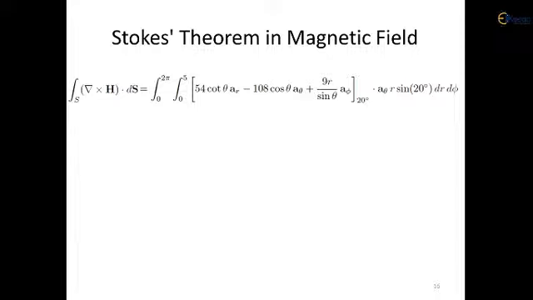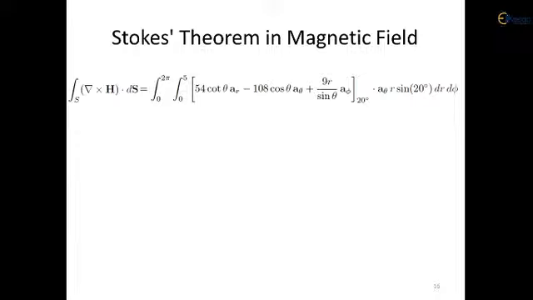We have 54 cot theta AR minus 108 cos theta A theta plus 9R by sin theta A phi here. Here the constant theta is equal to 20 degree, we can substitute. Dot multiplication with A theta, the unit vector, along with R sin 20 degree dr d phi here.